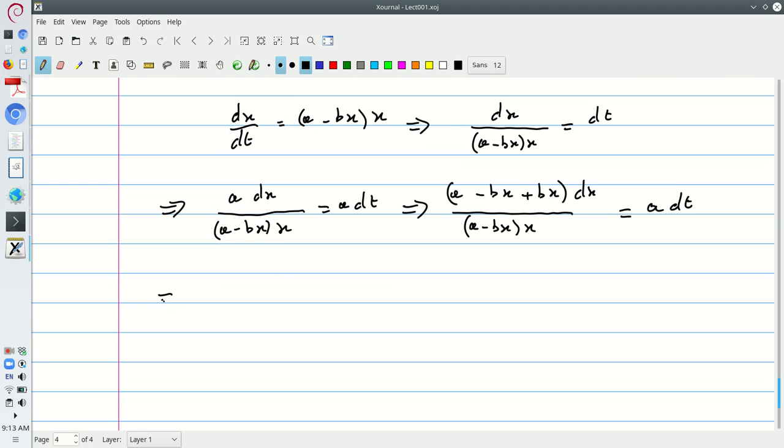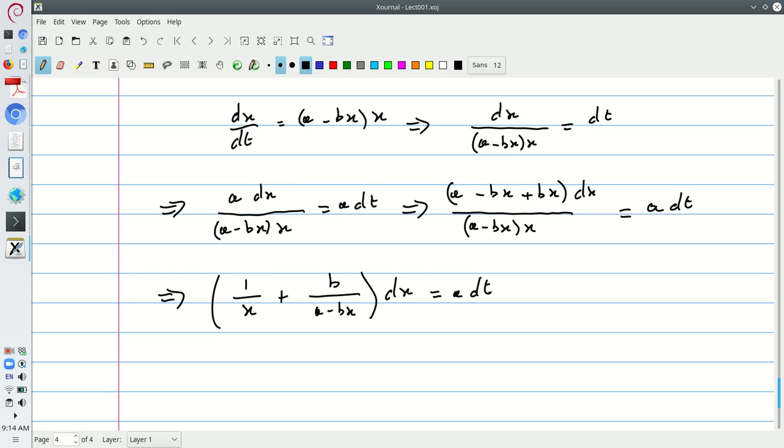Now this expression allows me to write this ratio of two polynomials in a better way, because if I take a minus bx divided by the denominator, I simply get 1 divided by x. And if I take plus bx and I divide that by the denominator, the two x's cancel out, and so I'm left with b divided by a minus bx, all this dx equal to a dt.